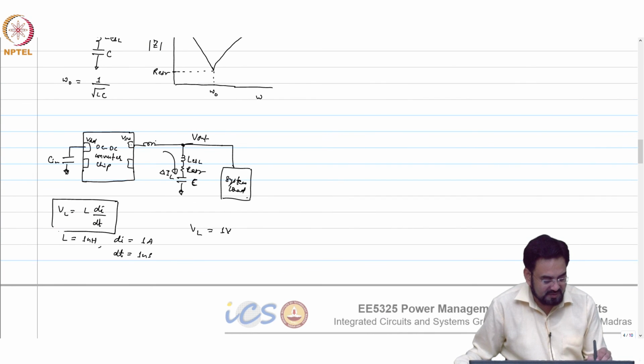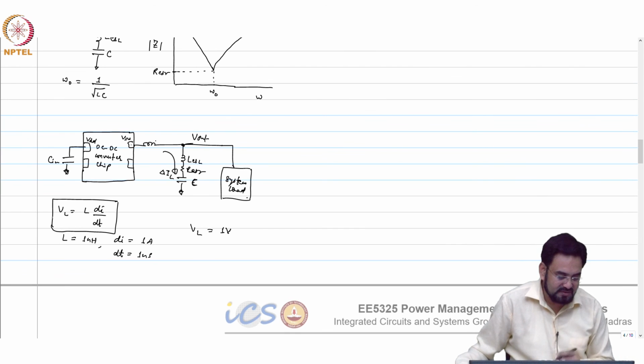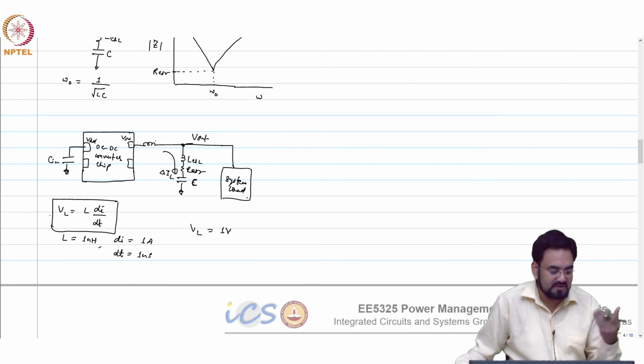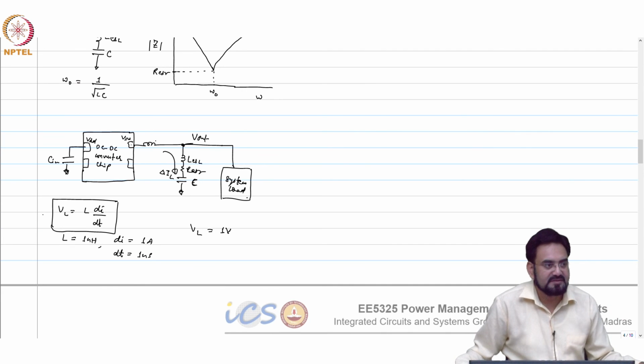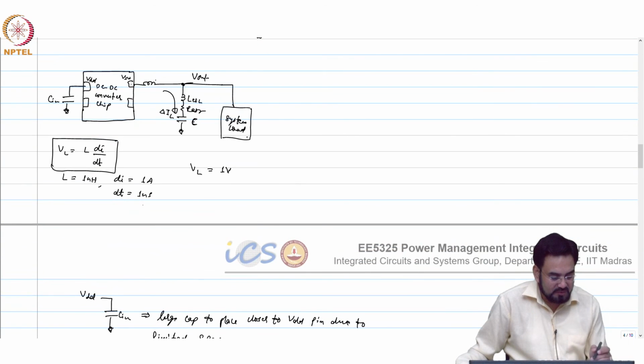If you don't care about this, then there is a risk that your device may fail or it may break. Okay, because 2.8 volt or 1.8 volt devices cannot tolerate it, it will damage right away. And we cannot slow down the edges. One way is to slow down the di by dt by increasing the rise and fall time of those currents.